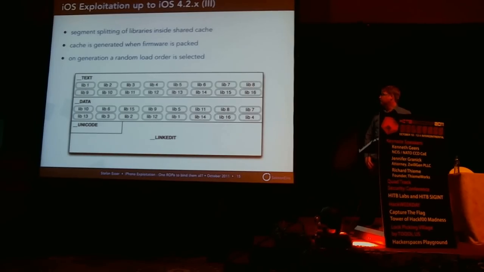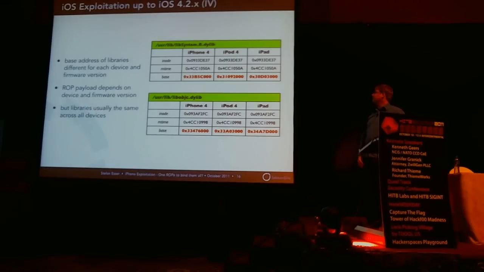Another thing you have to know is that when Apple packs the firmware, they generate this cache, and the cache generation is done randomly. It will pick all the libraries randomly and then load them after each other. This means that different devices, like the iPhone 4, the iPod 4, and so on, all get their own firmware, and every time the firmware is generated, the load order is different.